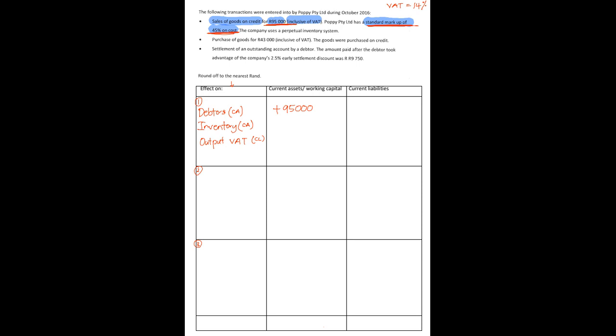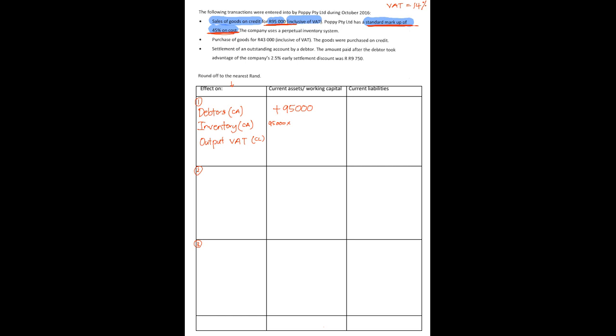So here for the inventory figure, you can show the working out within this if there's enough space. You're going to say that the original amount that was sold to the debtor, or the inventory that was sold, was 95,000 Rand. But this was including the markup.